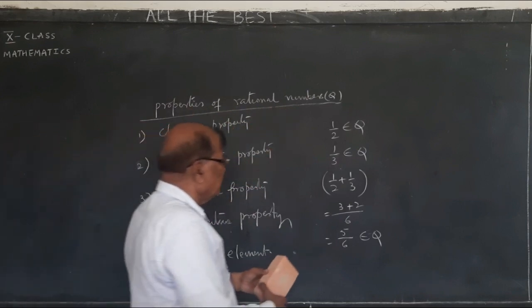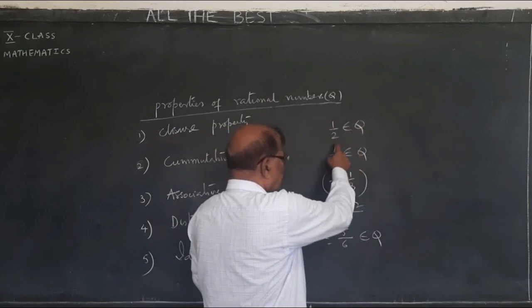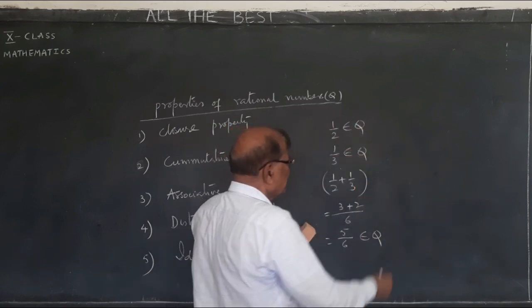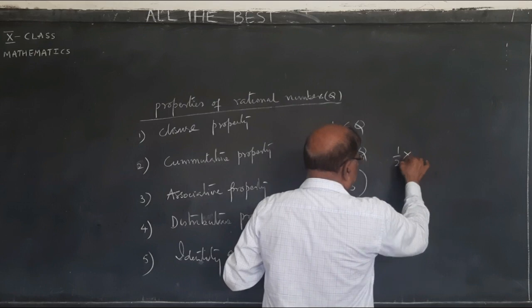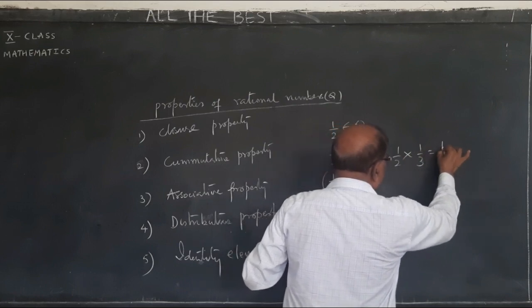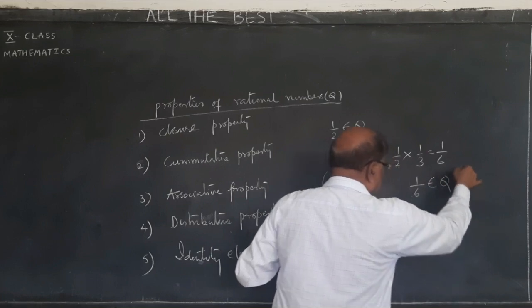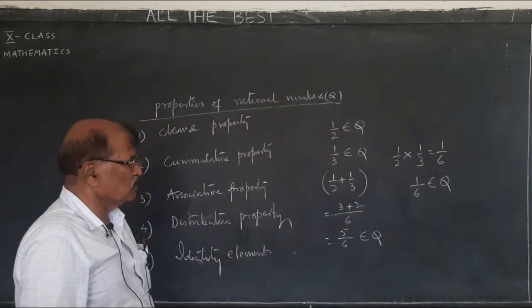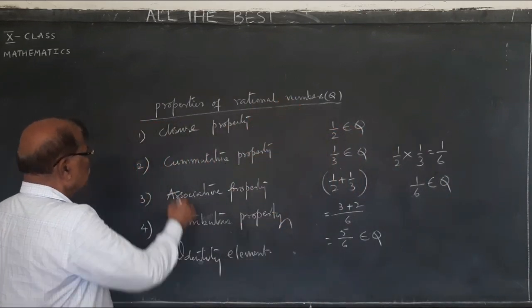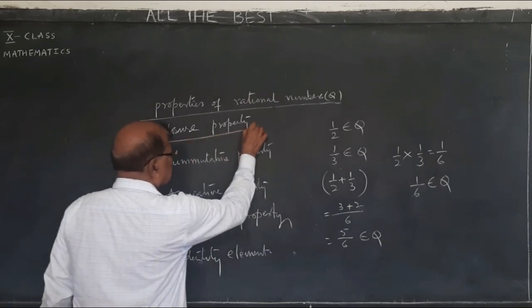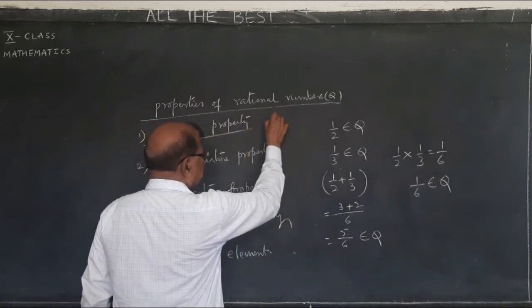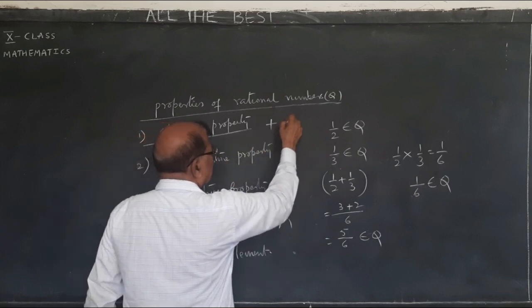Let us see in multiplication. 1 by 2 belongs to Q, 1 by 3 belongs to Q. Let us see 1 by 2 into 1 by 3. This is 1 by 6. 1 by 6 also belongs to Q, the set of rational numbers. So the closure property holds good in addition and multiplication.